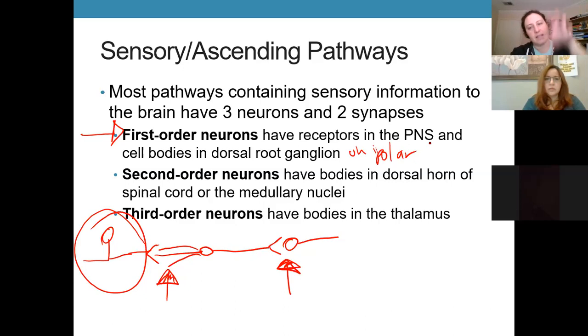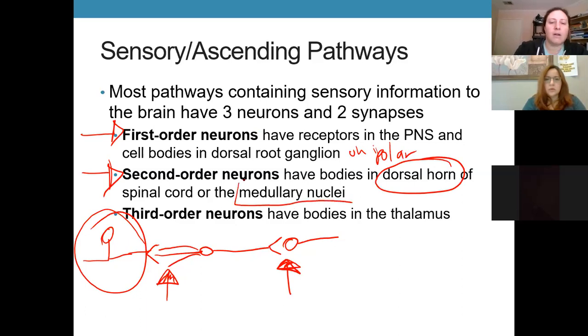It then synapses in the spinal cord with its second order neuron, whose body is in the dorsal horn of the spinal cord, or depending on where this is coming from, it's in the medulla. We see that with a lot of cranial nerve sensory stuff in your face.